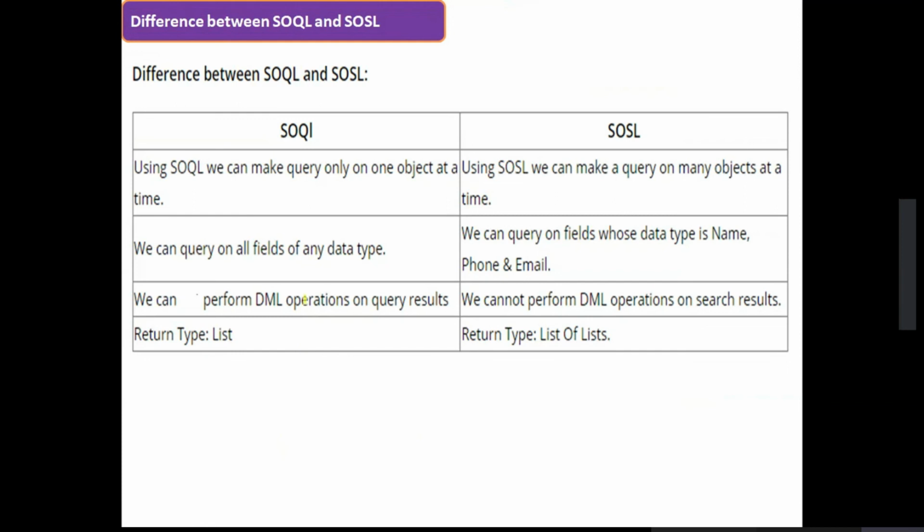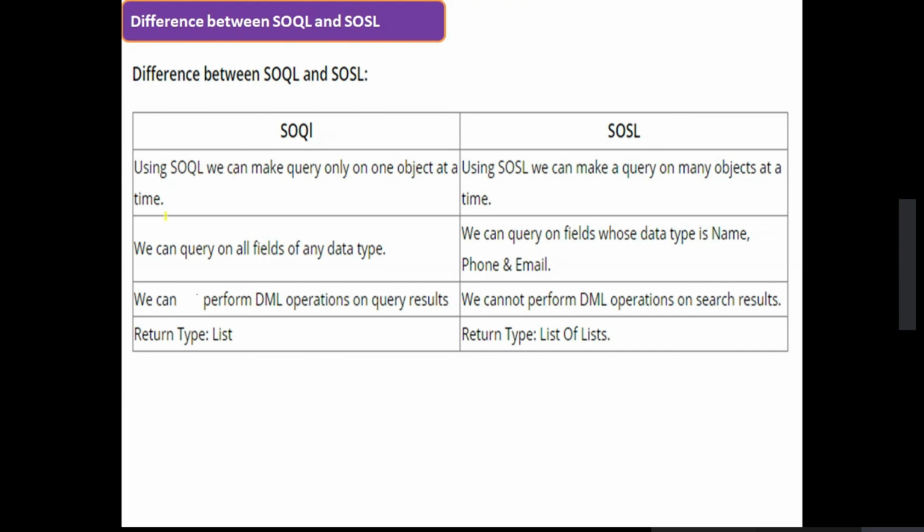The major thing you need to understand from SOQL and SOSL is the main differences. Using SOQL we can query only one object at a time. We have seen I can use opportunity, or account, or contact, only one object.